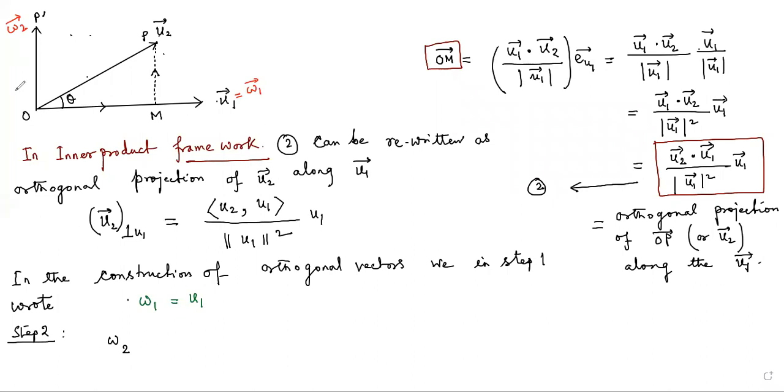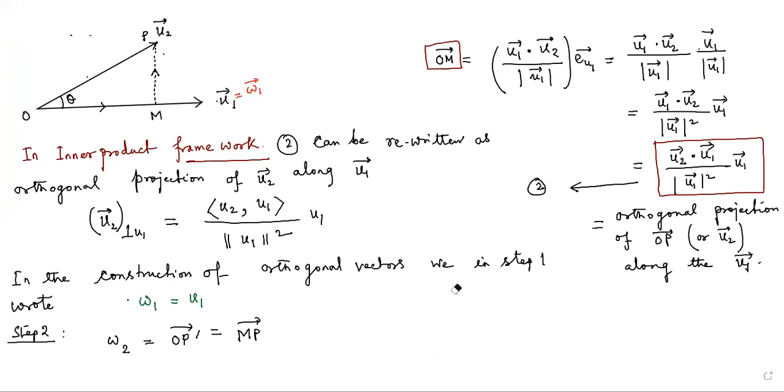So I am going to find out the expression of w2 vector. W2 vector geometrically is the OP prime vector. And you know that this OP prime vector is similar to MP vector, isn't it? Okay, my diagram is not that good. Actually their lengths must be the same.